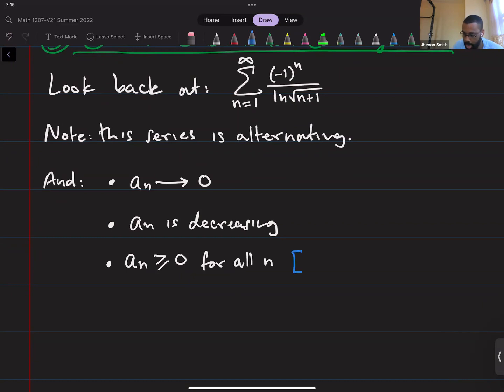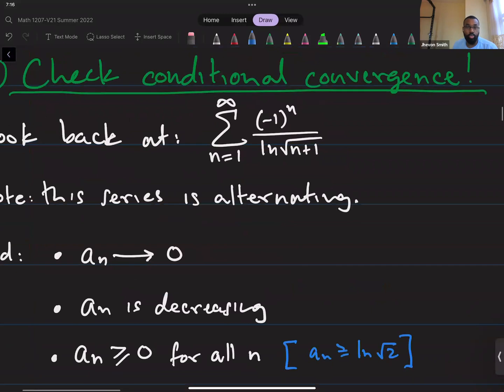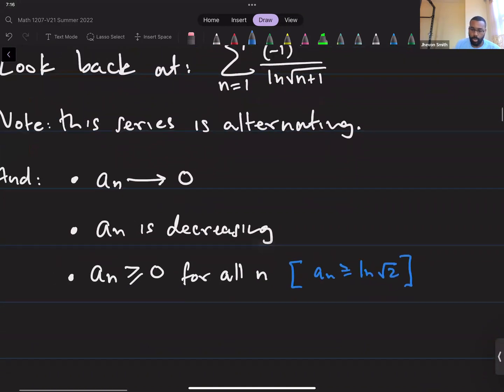You know, because we have our a_n is going to be greater than or equal to ln of radical 2. So this is radical 2 when n is 1, and then it only gets bigger because n starts counting up.